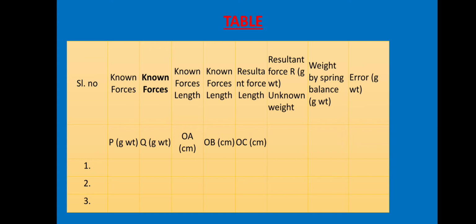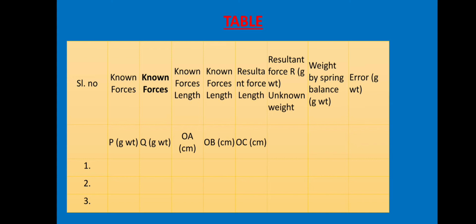Then when we draw the diagram, the length OA has to be proportionately taken. Suppose the known weight we have taken is 200 gram, then we have to take the scale proportionately.